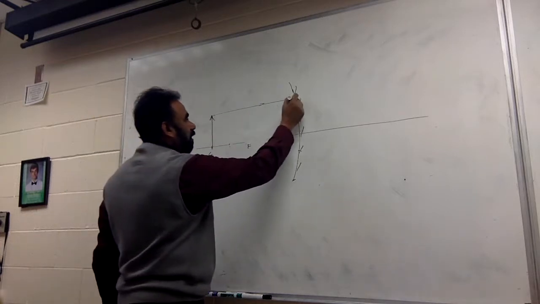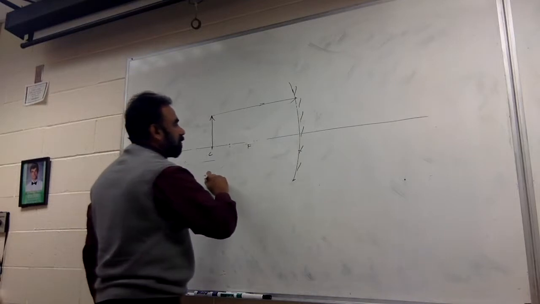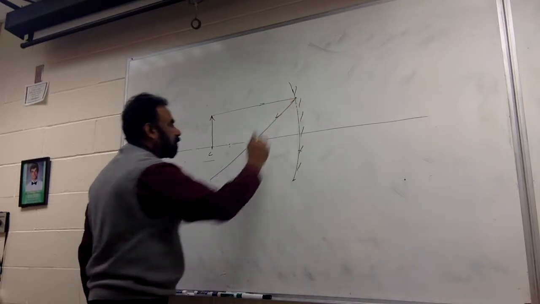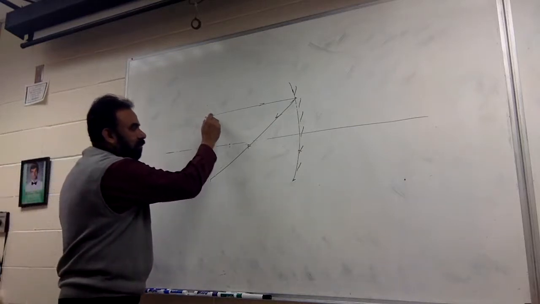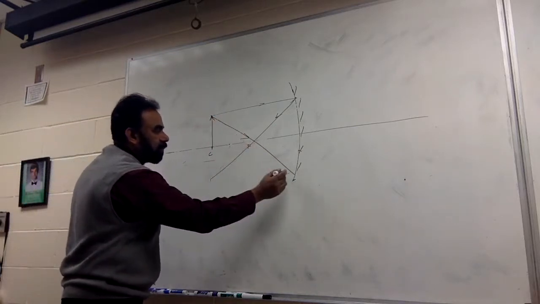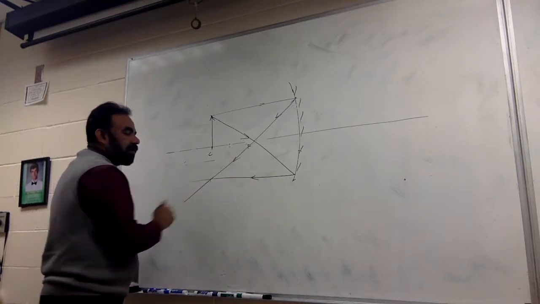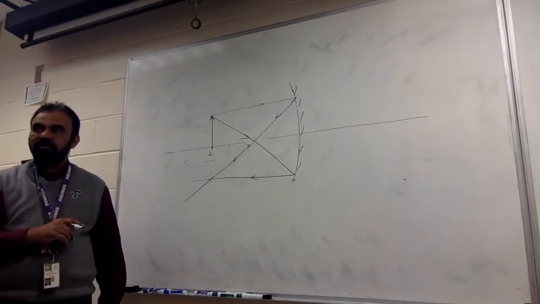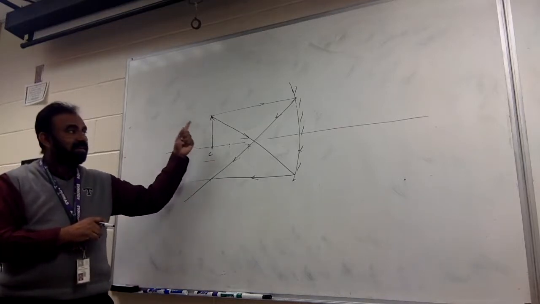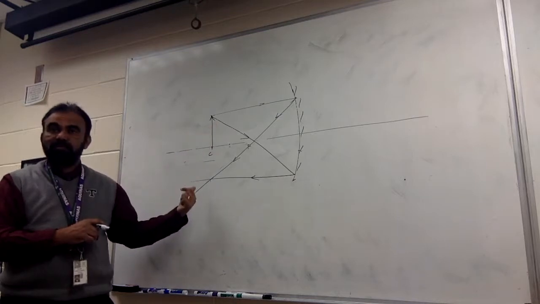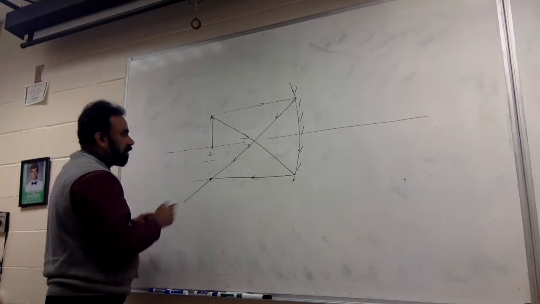A ray that goes parallel goes through the focus, and a ray that goes through the focus will go parallel. You see it? A ray that goes through the focus will go parallel. A ray that goes parallel will go through the focus. And where is the image formed? Right there.